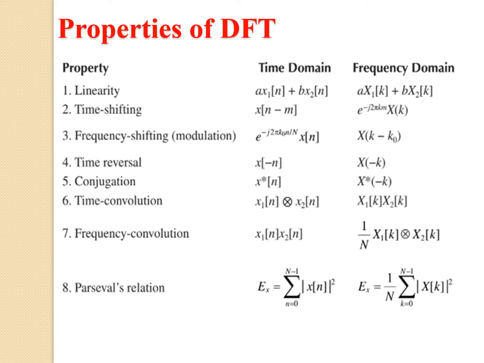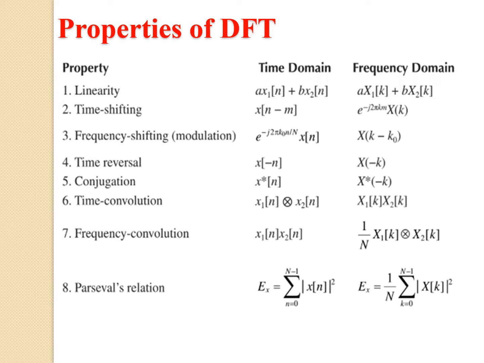And the time shifting property is the next property. Whenever the time signal is shifted by m units, the equivalent frequency domain signal is multiplied by e power minus j 2 pi km over N into X of k, where X of k is the DFT of x of n.